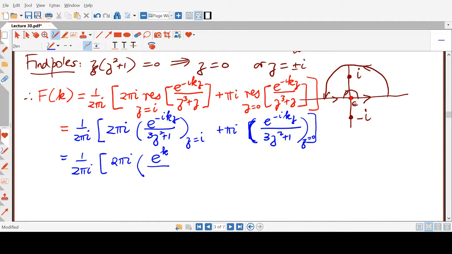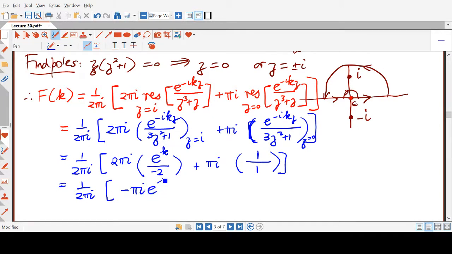Minus 3 plus 1 is minus 2. Plus pi i. Now here you plug in 0. e to the 0, of course, is 1. And the bottom 0 plus 1 is 1. There we go. So it's 1 over 2 pi i times minus pi i e to the k plus pi i.